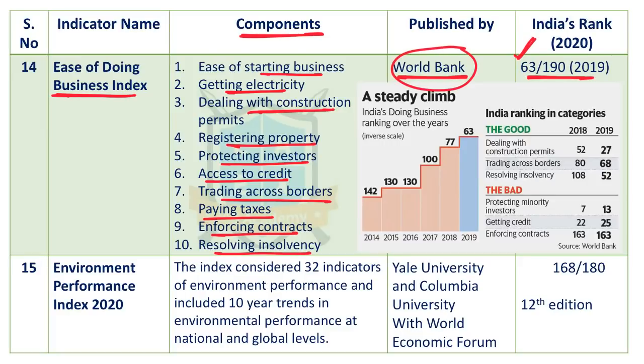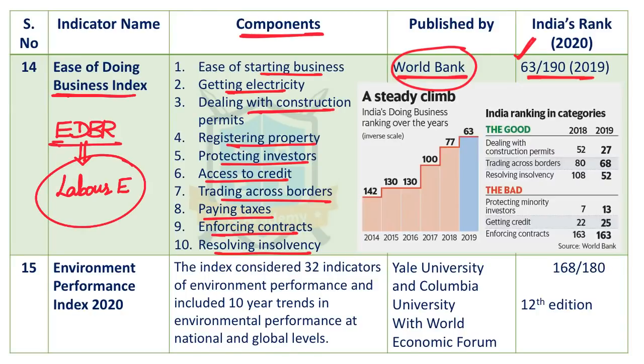See, World Bank in Ease of Doing Business report, it considers the 11th parameter, that is labor reforms or labor enforcement, labor laws and labor reforms. In report, it discusses about this, but while calculating the ranking in this index, we consider only 10 parameters.